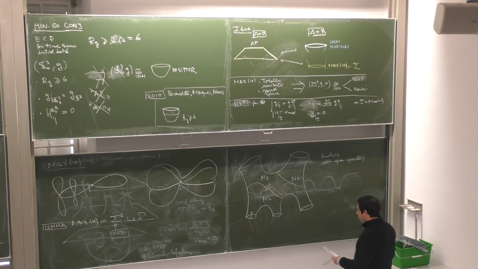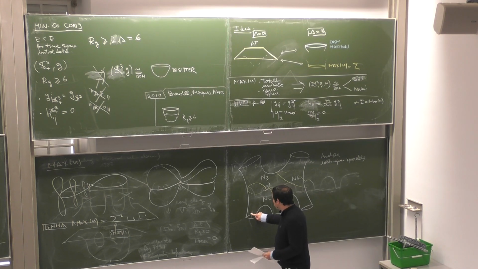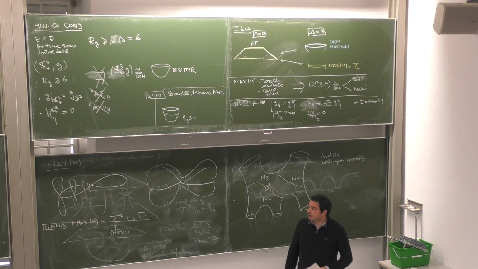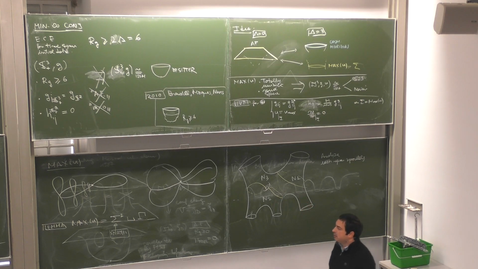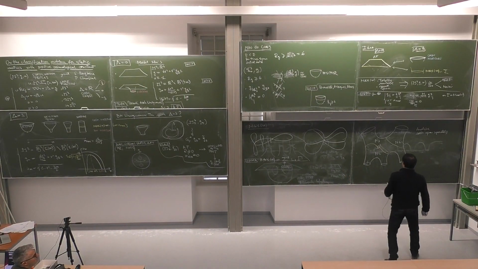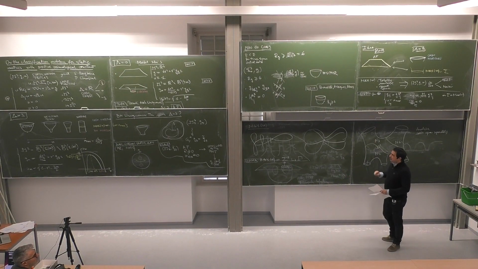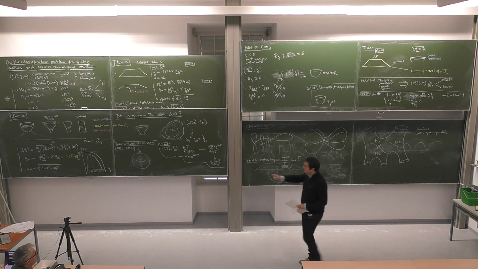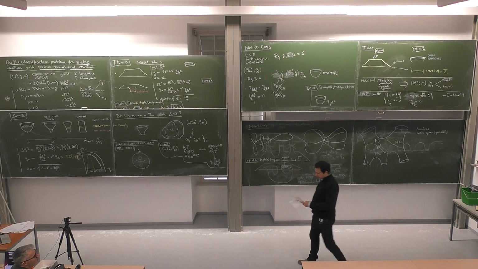You compare with the value that you get on the model situation, and then you say that the mass of a region is the same number that you have on a model with the same surface gravity, essentially.